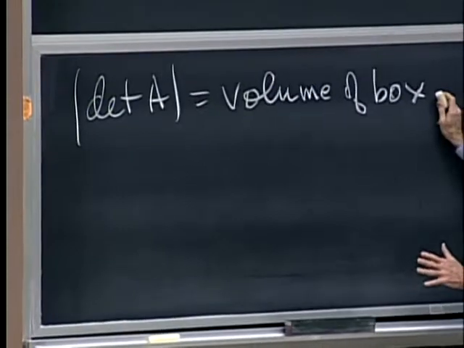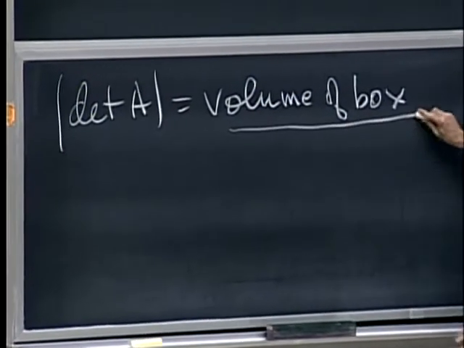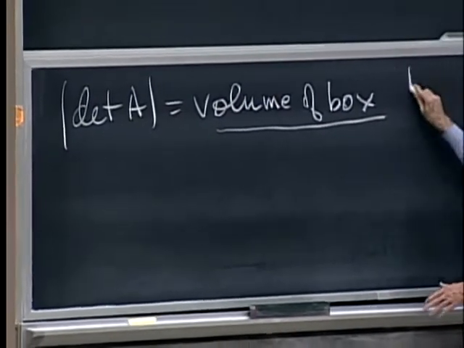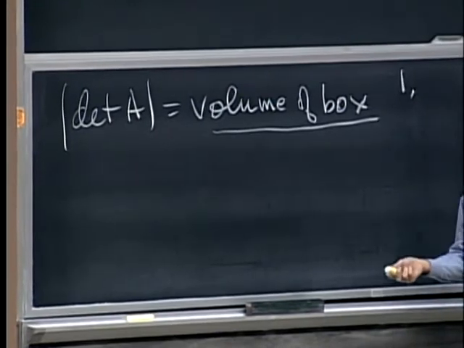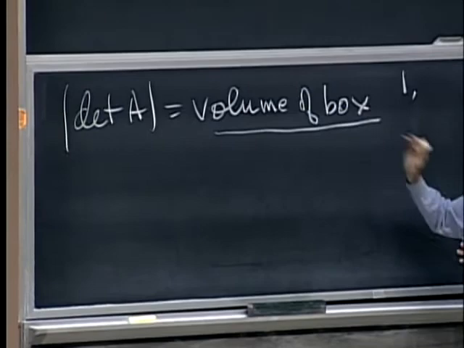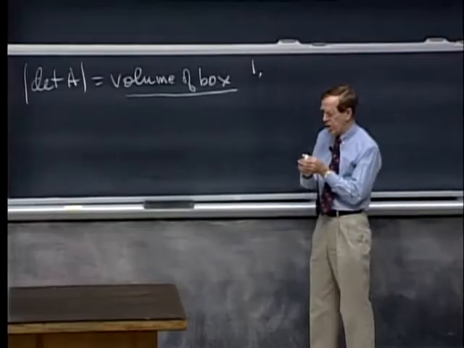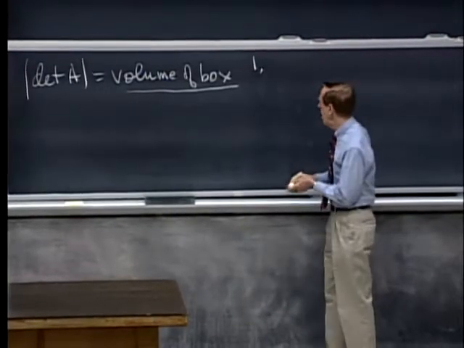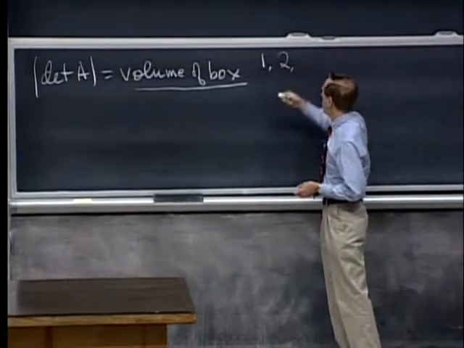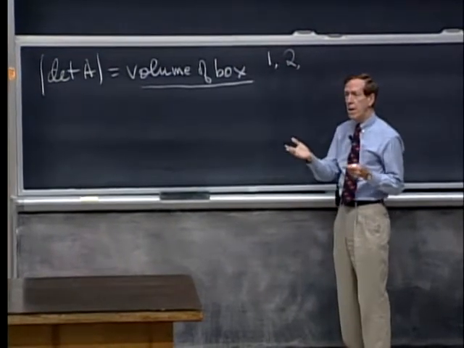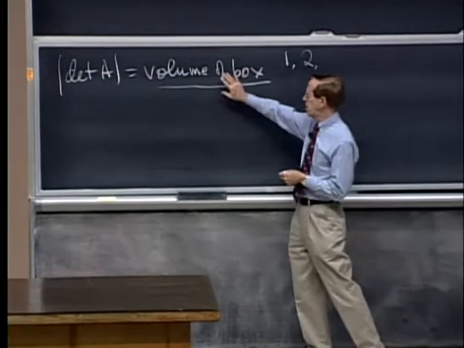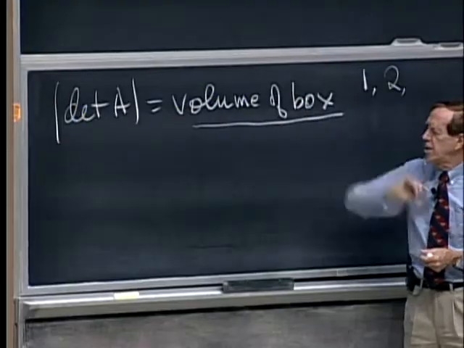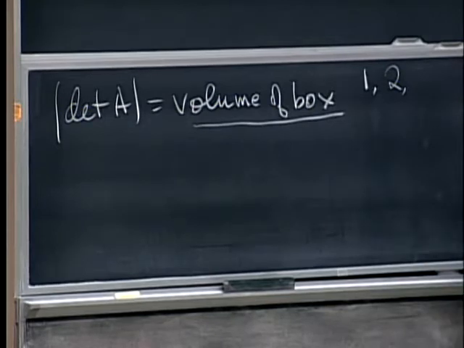And where am I right now? This volume has property 1, no problem. If the box is the unit cube, its volume is 1. Property 2 was if I reverse 2 rows, but that doesn't change the box, and it doesn't change the absolute value, so no problem there.